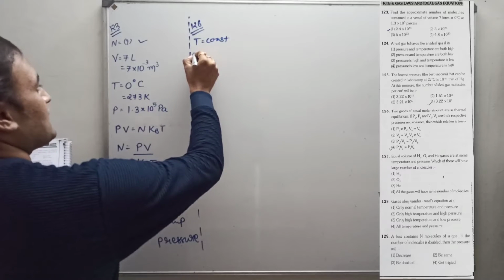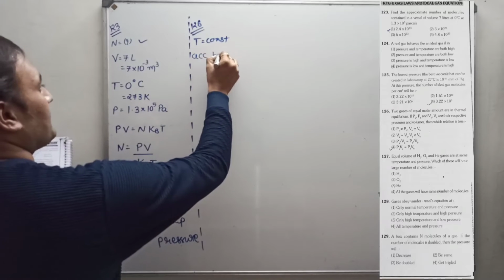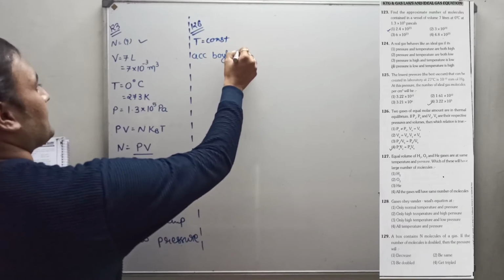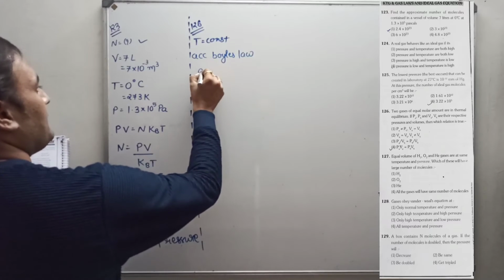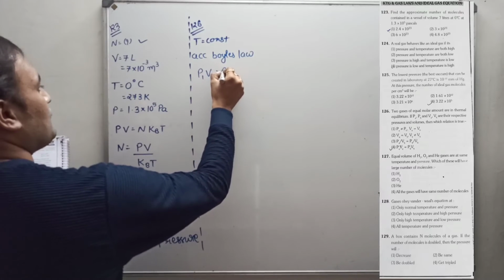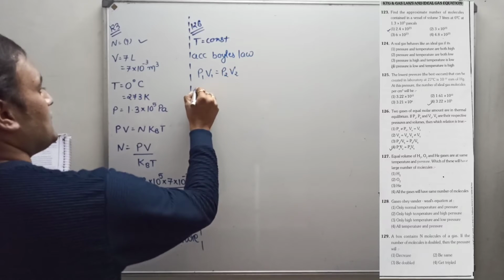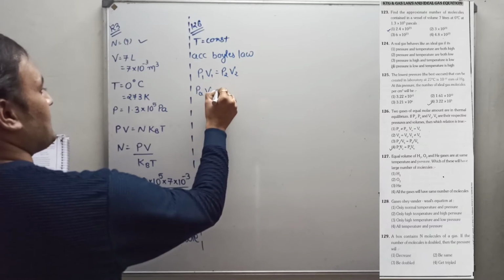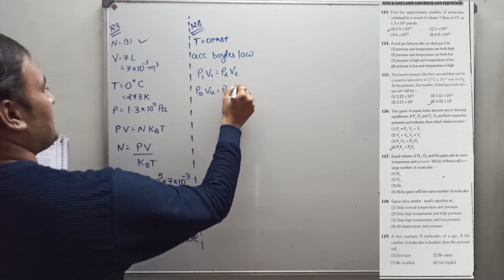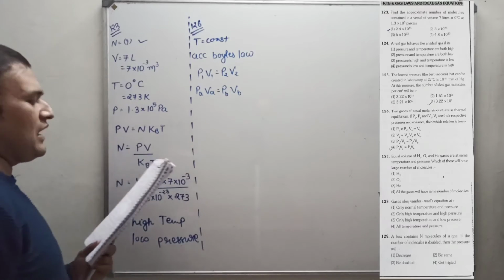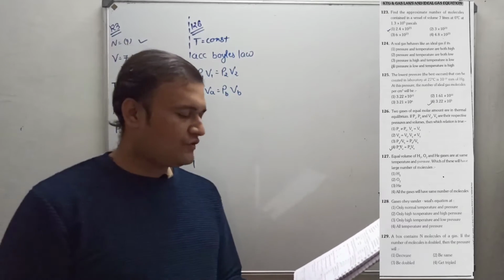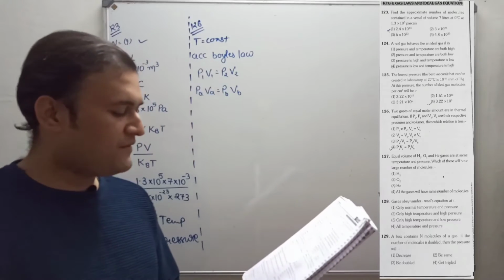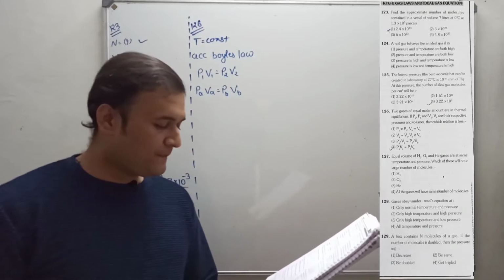When T is constant, according to Boyle's law, P1 V1 is equal to P2 V2. So PA VA is equal to PB VB. This is given in option D: PA VA is equal to PB VB.